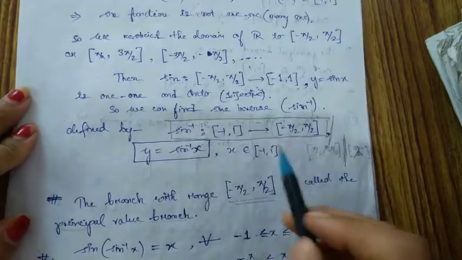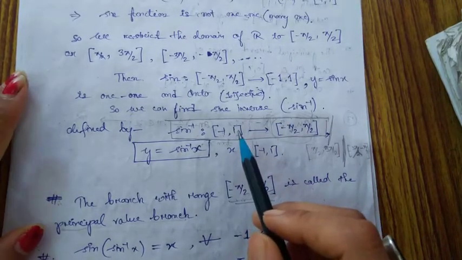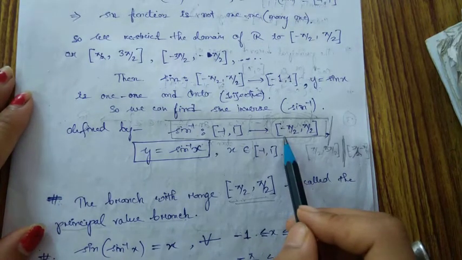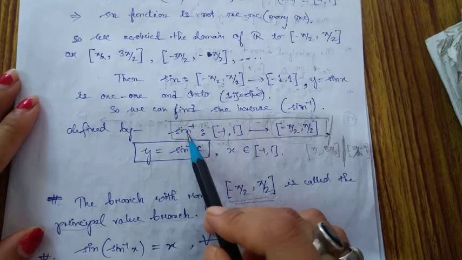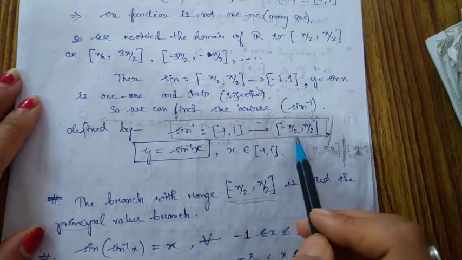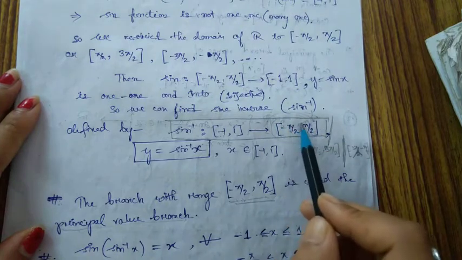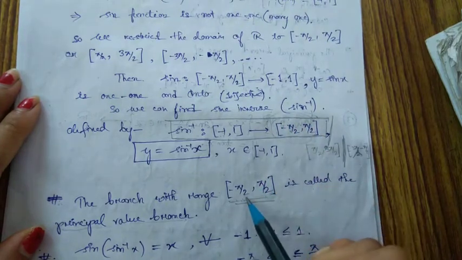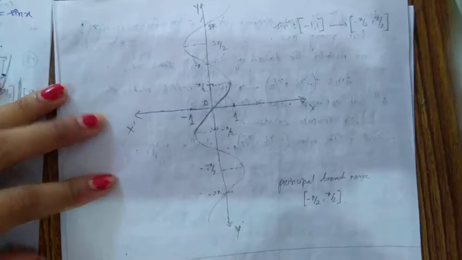And another thing we learned in first year: when the function is both one-one and onto, the codomain is the same as the range. So here your range will be -π/2 to π/2, which is actually your codomain. So look at the graph of sine inverse.